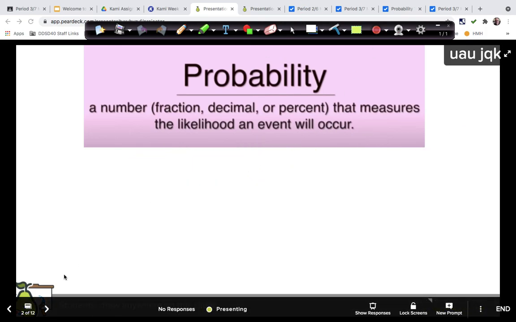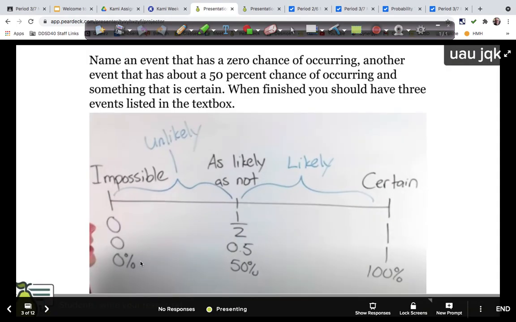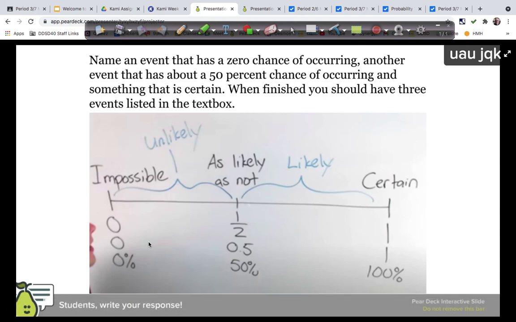And then last thing we did was we went to card 3, and in the text box, if you go there right now, I want you to name an event that has a 0 chance of occurring, another event that has a 50% chance of occurring, and another one that's certain. So we just put some actual events.